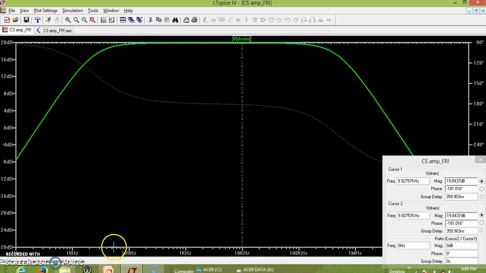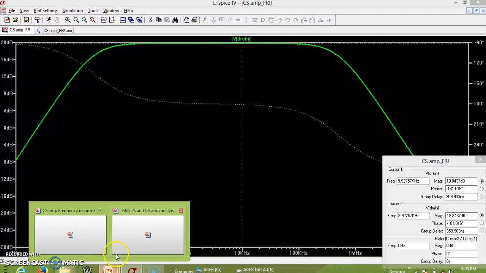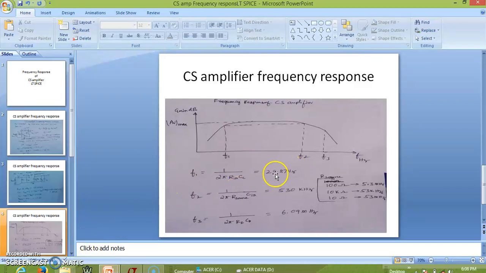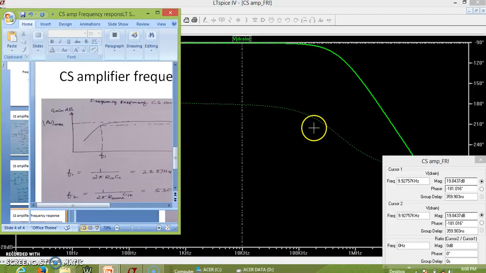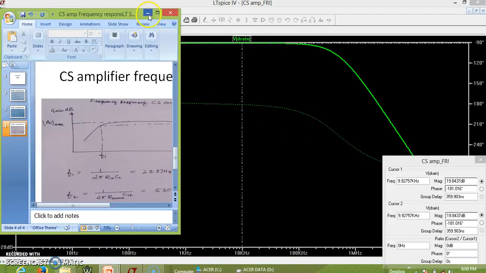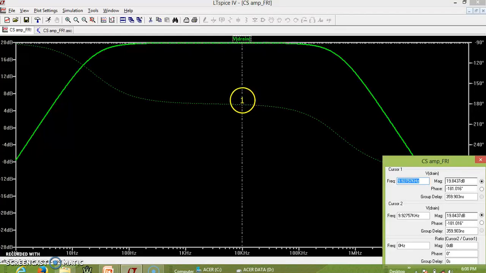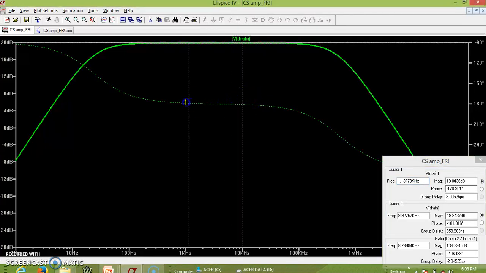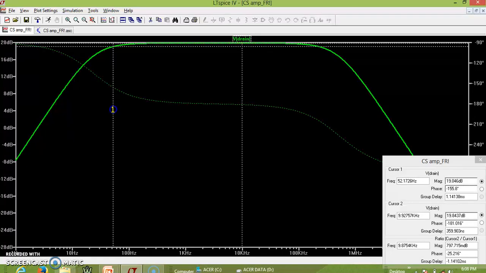In the previous slide, we saw that this is our first cutoff frequency, which is at 23 hertz. So let us go back and see what the frequency is here. Let me minimize this slide, and move one of the cursors, keeping the other cursor at the maximum.